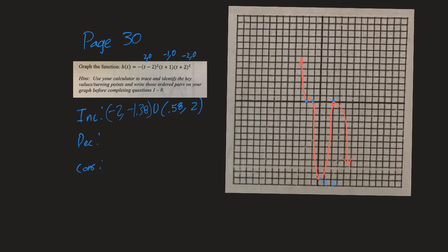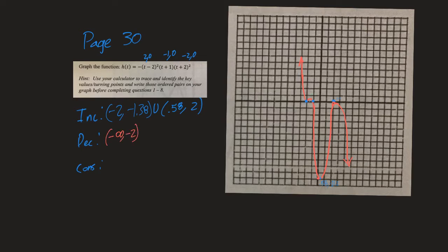Okay, now let's try to identify our decreasing regions. And conveniently enough for us, they are in the exact opposite locations. Okay, so starting from negative infinity up until that negative 2, we can have our first decreasing region, negative infinity to negative 2.